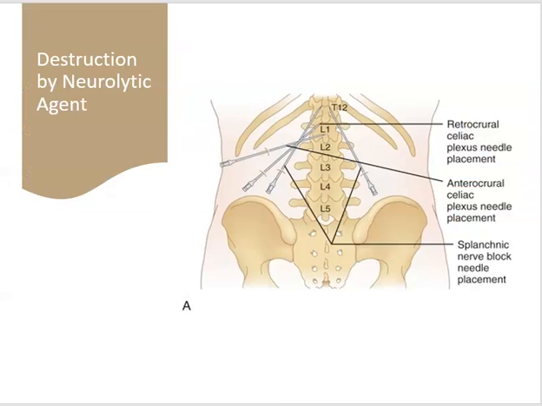All right, next up, we're going to go over to page 441. And here we have destruction by neurolytic agent. Now, I've seen a lot of the families that I was just talking about a little while ago. So this is our neurolytic agent. So here, physician is performing a procedure called chemodenervation.